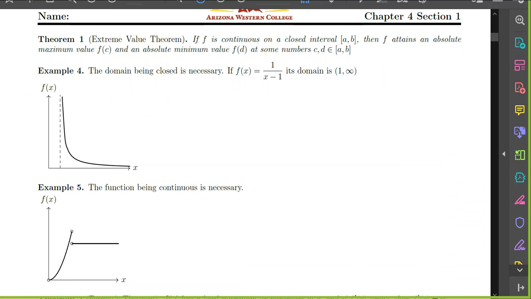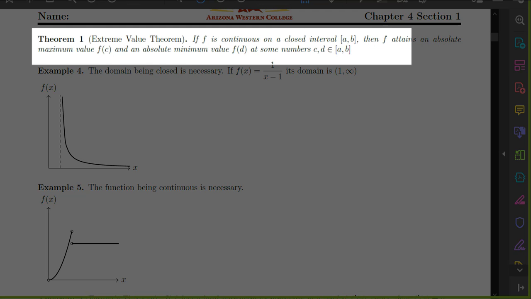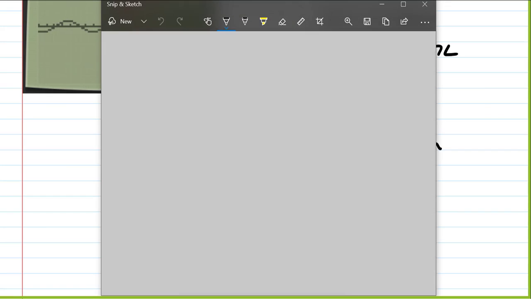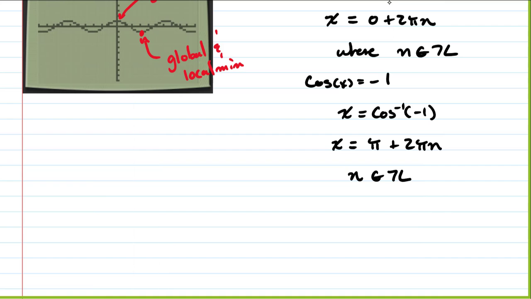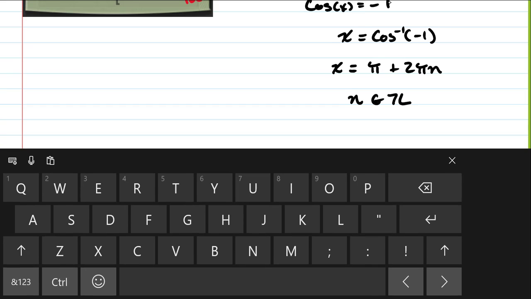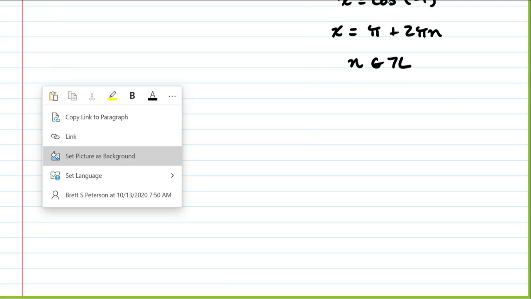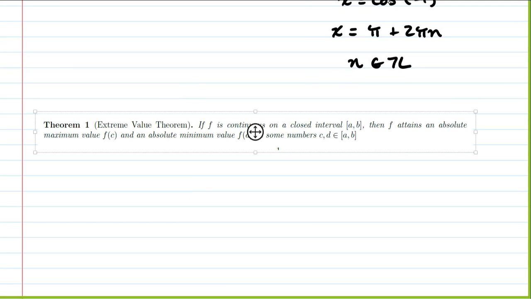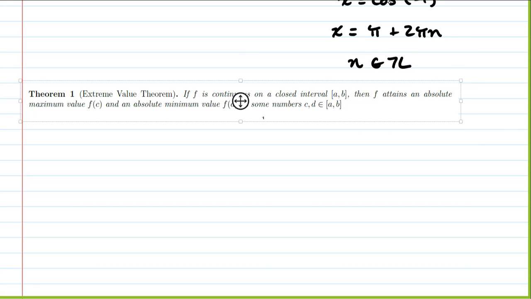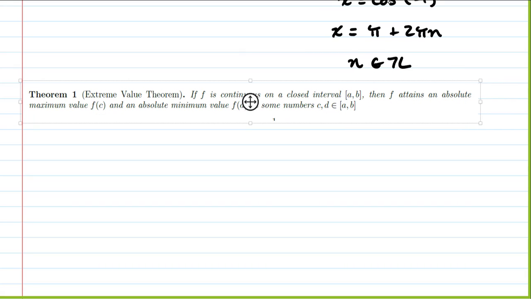All right, so our next theorem tells us the following. We saw in some previous examples that not all functions, and therefore their graphs, will have global maxes or mins. The extreme value theorem gives us the conditions which guarantee that a function will have an extreme value.